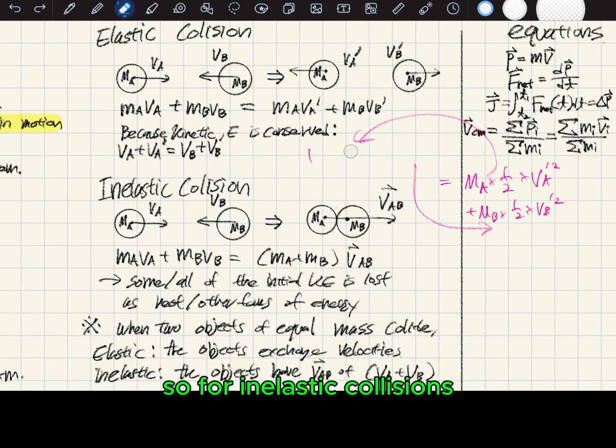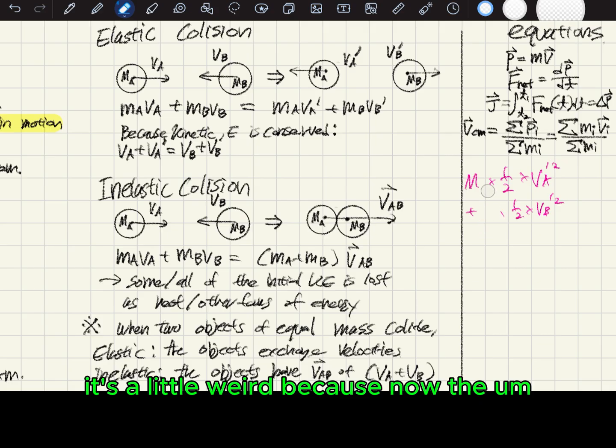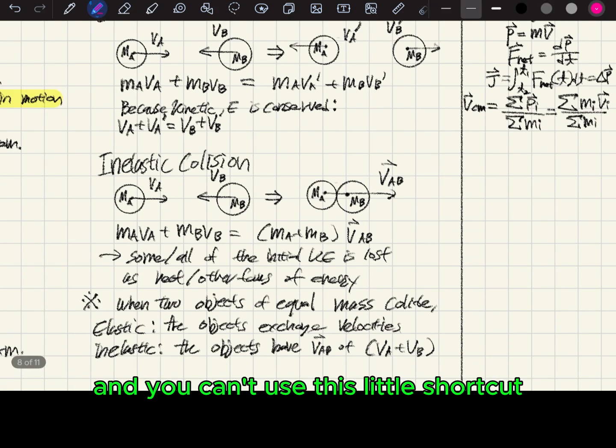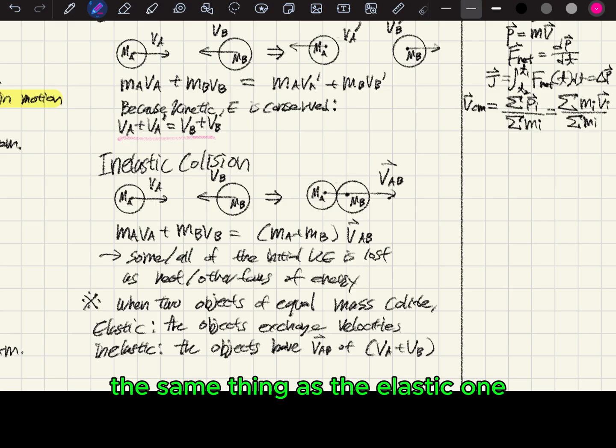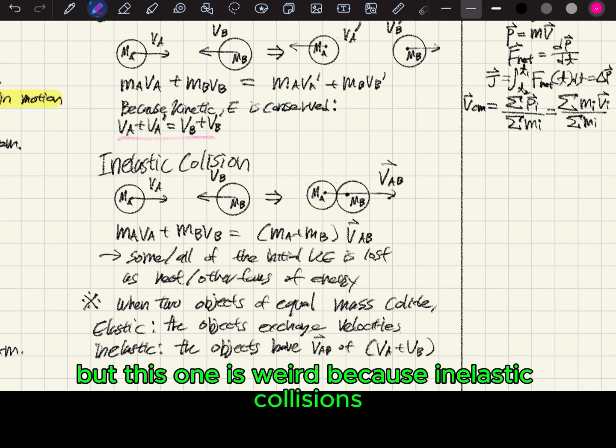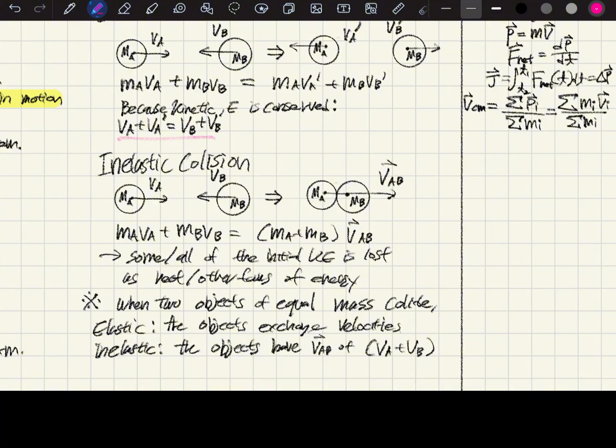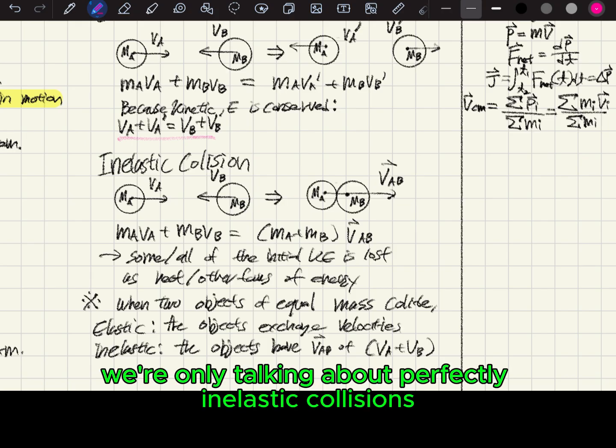For inelastic collisions, it's a little different because now the kinetic energy is not conserved and you can't use this little shortcut. The mass of A multiplied by the velocity of A, and so on, is the same as the elastic one. But in inelastic collisions, the objects usually stick together. Most of the time in real life, there are no perfectly inelastic or perfectly elastic collisions. But in this scenario, we're only talking about perfectly inelastic collisions.